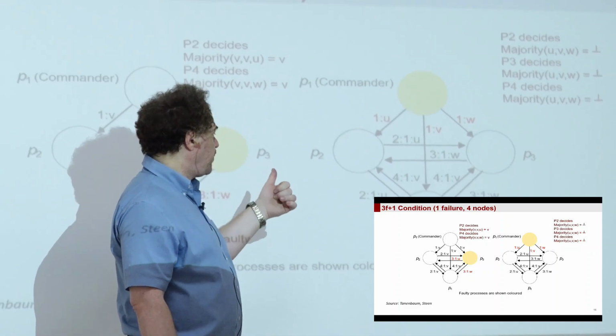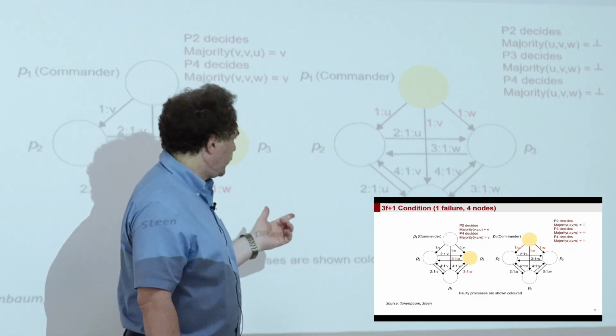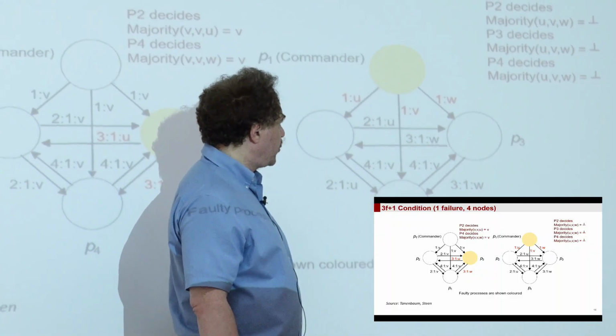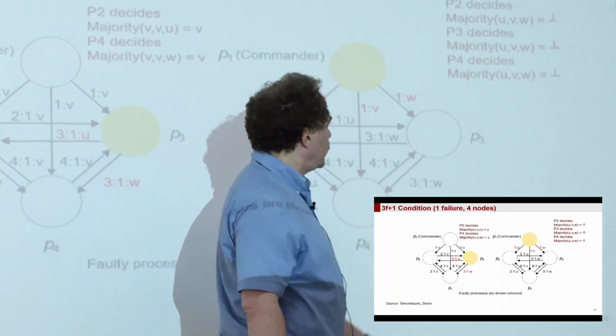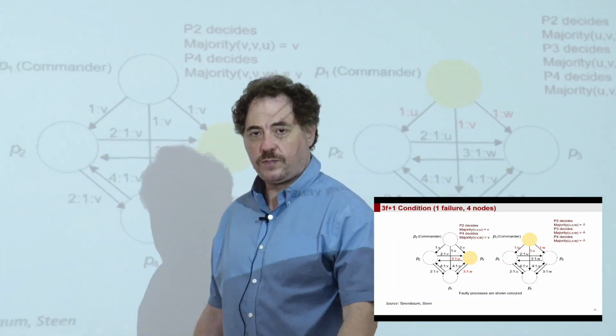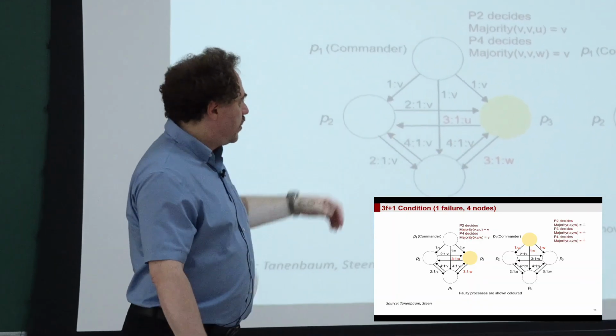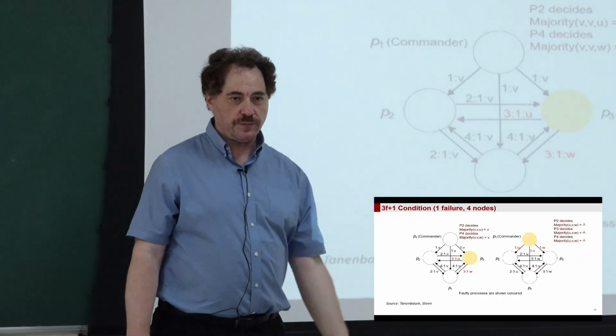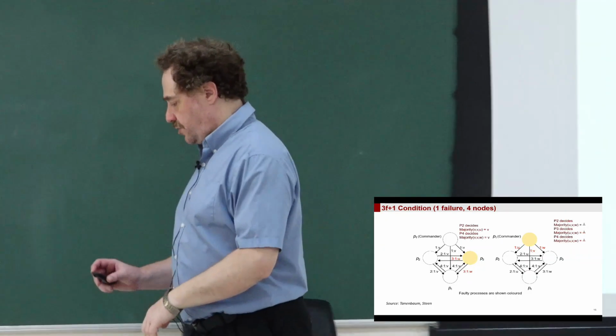U was only sent by one process, V was only sent by one process, and W was only sent by one process, no majority. So P2 decides on a special value, like a faulty value. And again, all the honest lieutenants reach the same conclusion. So that's still a good scenario.